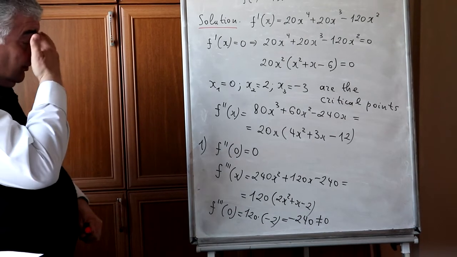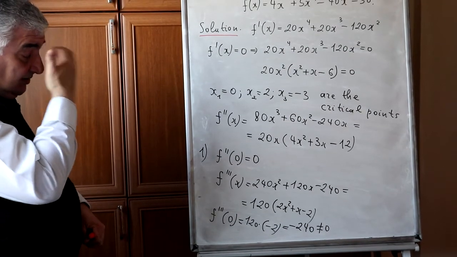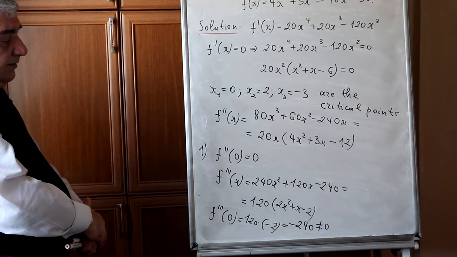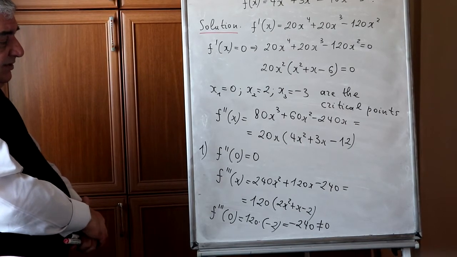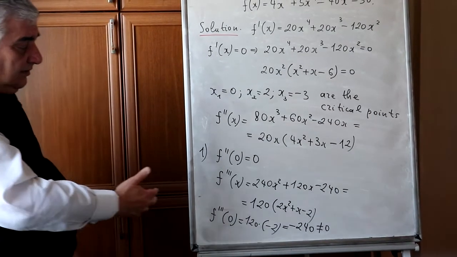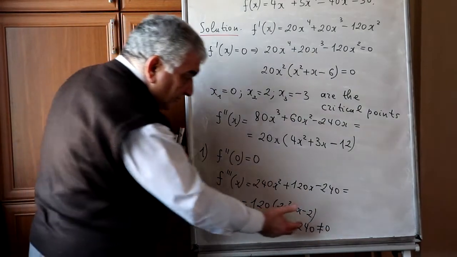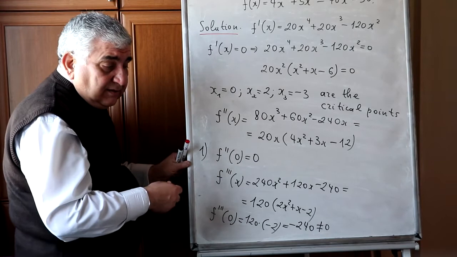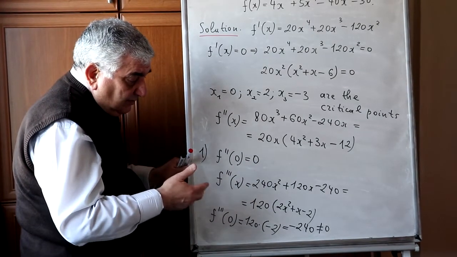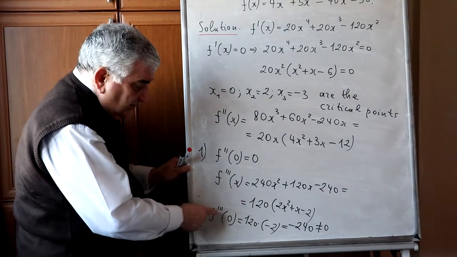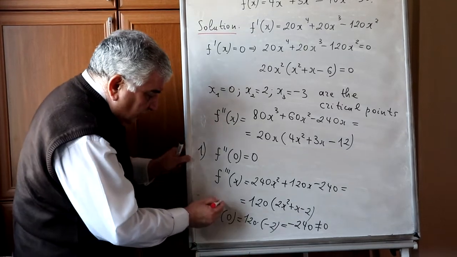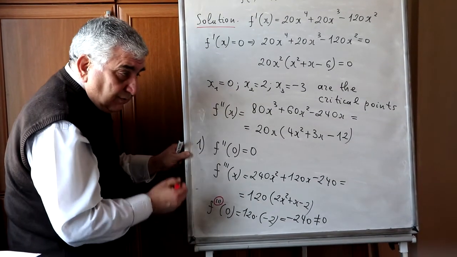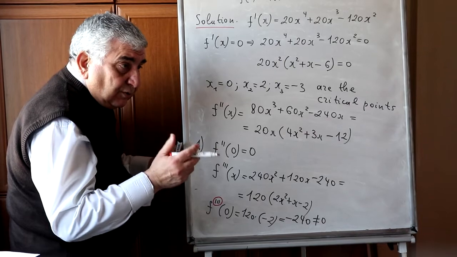What it means? It means we obtain the non-zero derivative, because the third derivative isn't equal to 0. Its order is 3. That is, it is odd number.